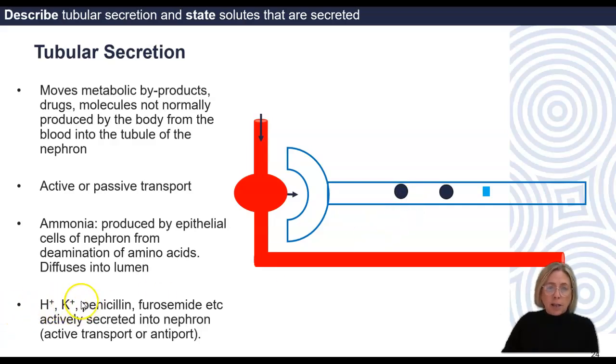Hydrogen ions, potassium ions, penicillin, maybe you've taken some penicillin as an antibiotic for a bacterial infection, it has to be cleared from the body. Furosemide, which is a loop diuretic that some people need to take, say, for heart failure, they're all actively secreted into the nephron via active transport or antiport. So remember that antiport is in exchange for another solute or molecule or ion going the other way.